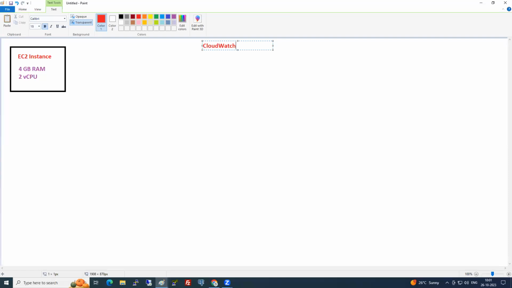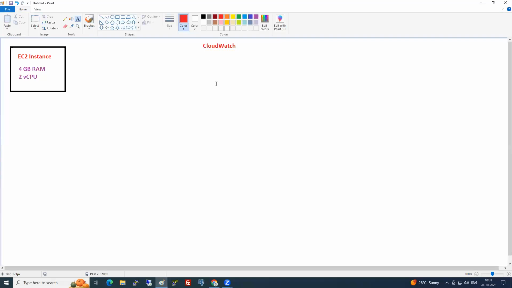Which service is used for monitoring purposes? CloudWatch. Watch means monitoring. Remember, whenever it is related to monitoring, the service you should get in your mind is CloudWatch. CloudWatch is used to monitor not only EC2 instances. CloudWatch can monitor EC2, S3, RDS, EFS, Route 53.